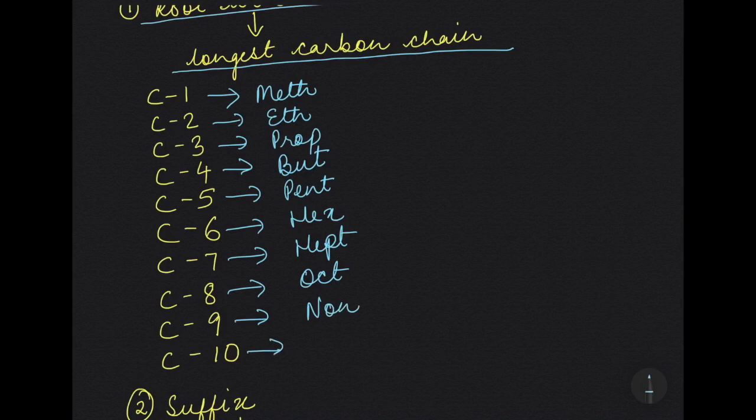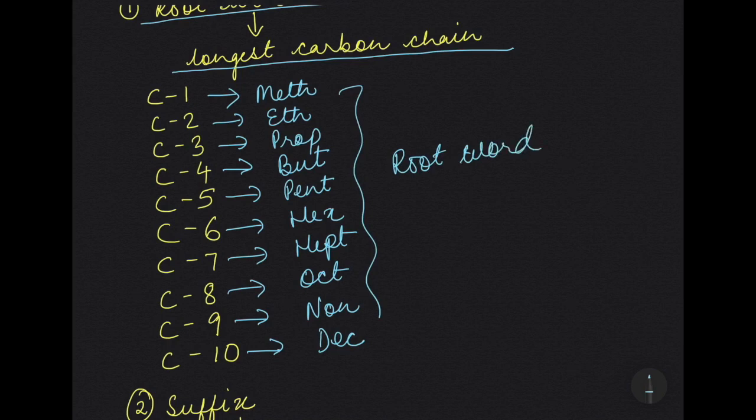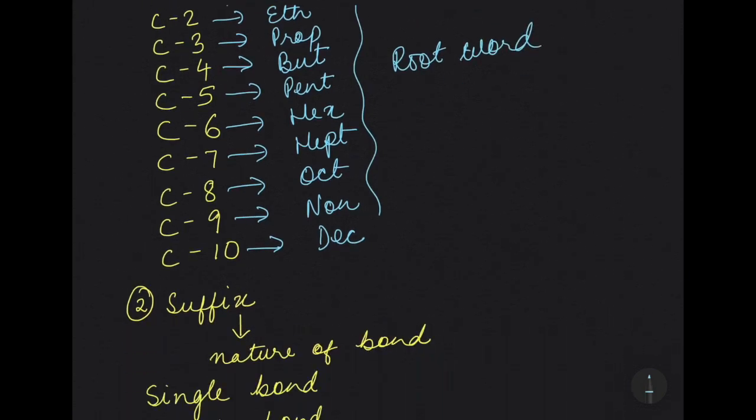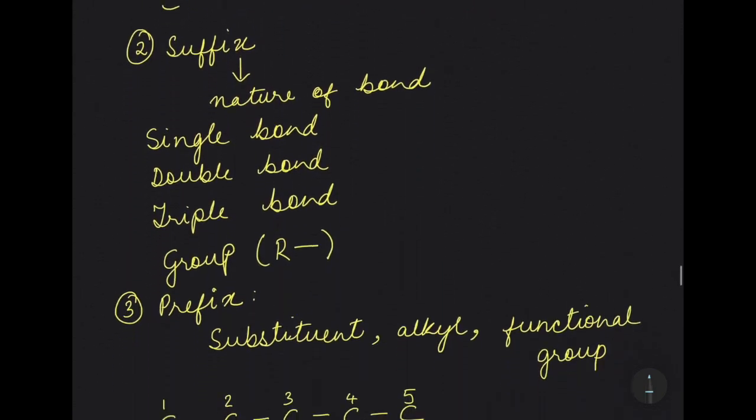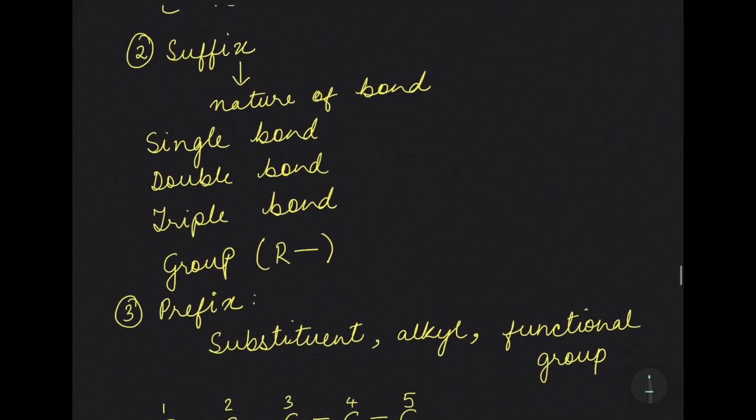And 10, dec. Now that is your root word. When you name an organic compound, you need to count the number of carbon atoms to get the root word.